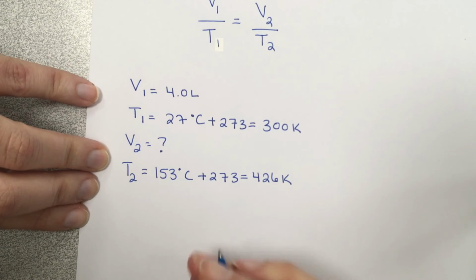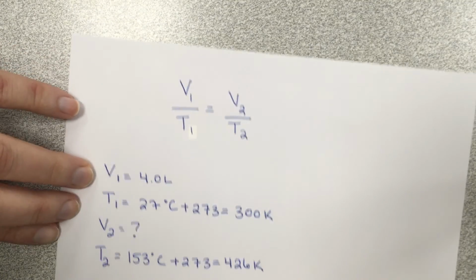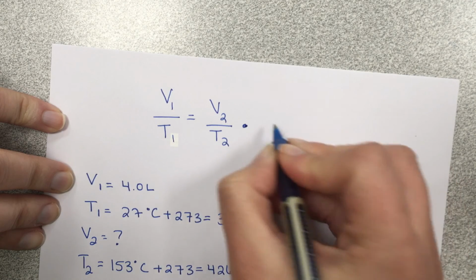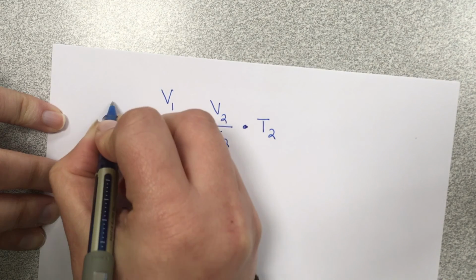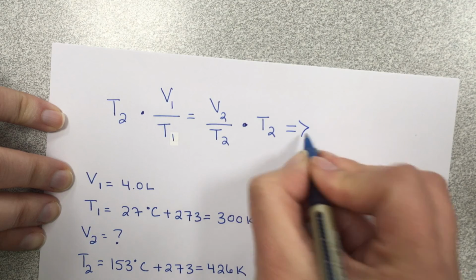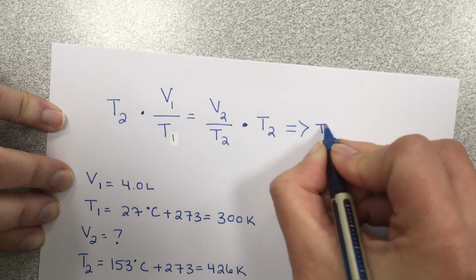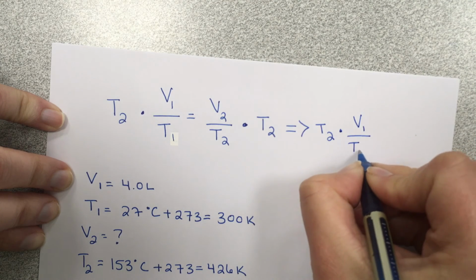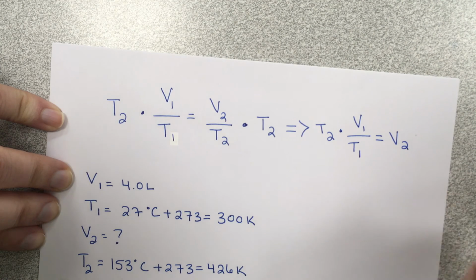So we're just going to plug them in. We need volume 2 to be on its own. The way we can manipulate this equation is by multiplying the second temperature, T2, on both sides, which will give us the equation T2 times volume 1 over temperature 1 equals V2.